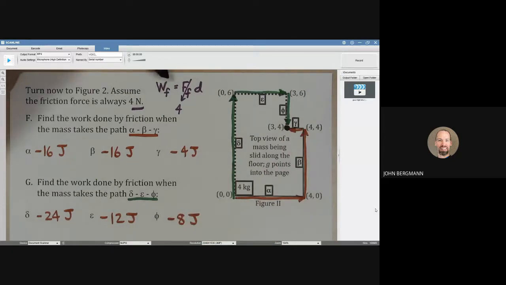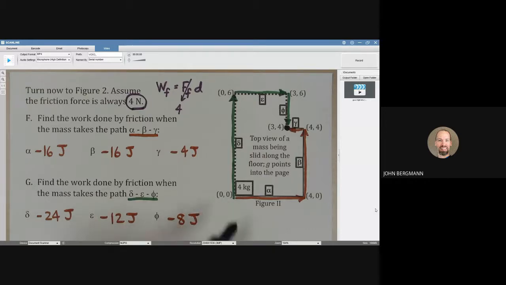At the top of the screen, work is force times distance, so the work done by friction is the friction force times the distance, and we're told in the problem that we're going to assume the friction force is always 4 newtons. So if you take the red path, negative 16 joules, negative 16, negative 4. Friction always does negative work because the friction force always points opposite the displacement.